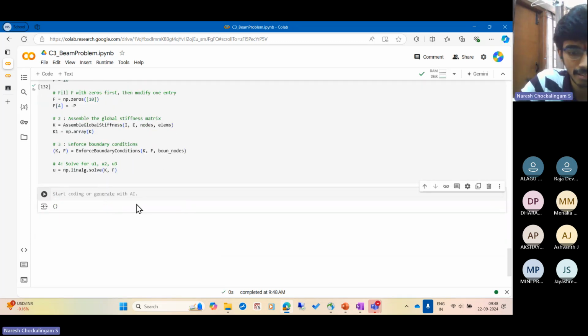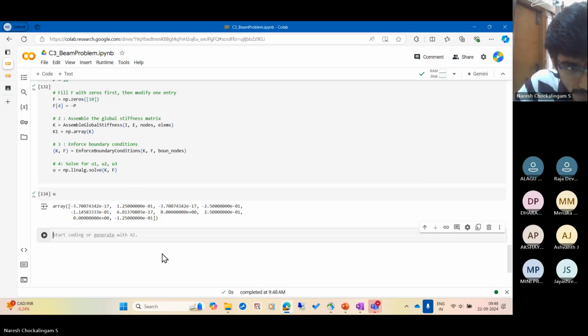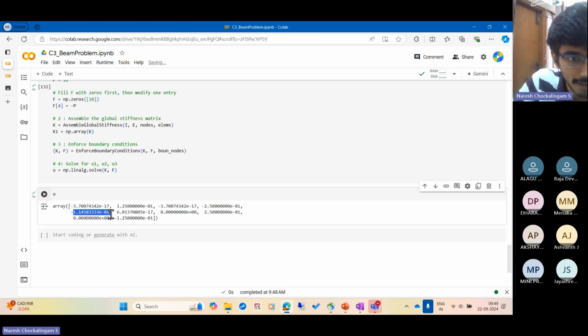Now let us check U. It's correct, sir. So 0.1146. It is this node, so this is the third node. The third node is 5 and 6. So it is 0.1146.